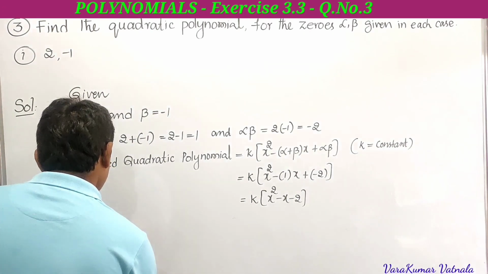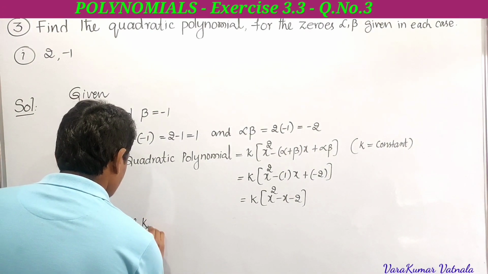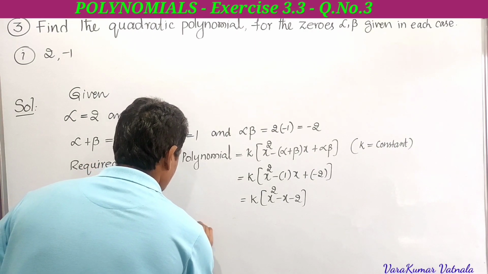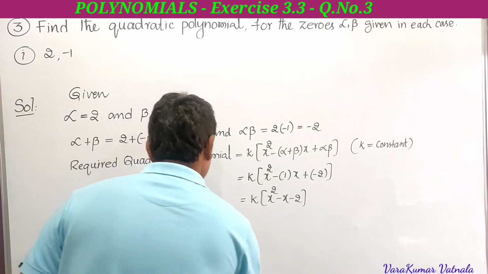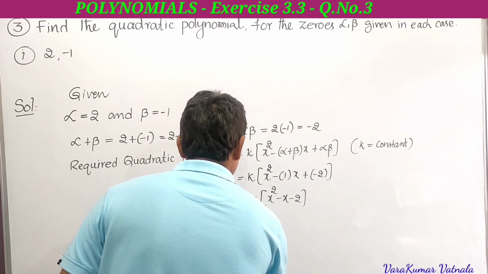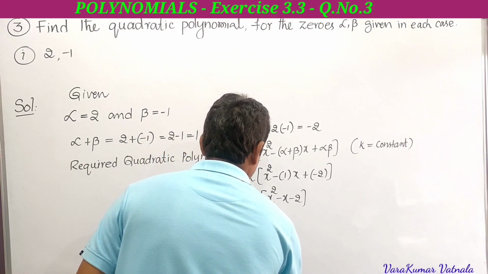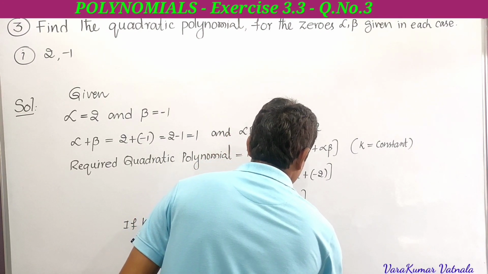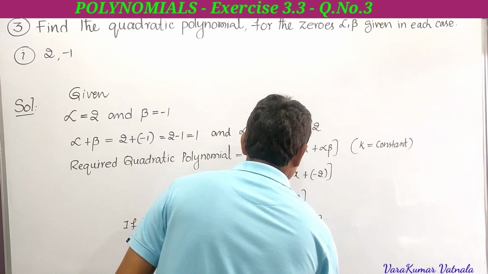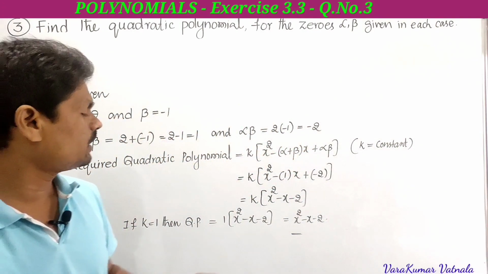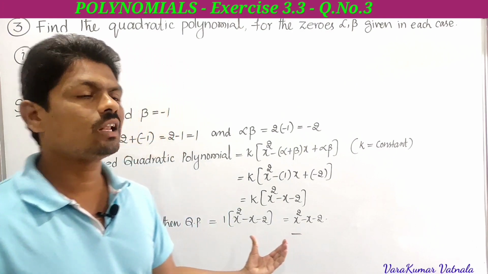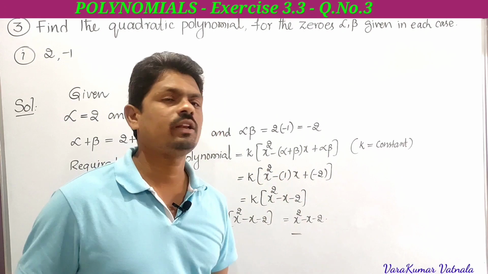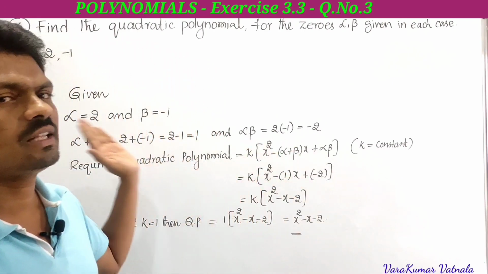Then the quadratic polynomial is equal to 1 into x square minus x minus 2, that is x square minus x minus 2. So this is the required quadratic polynomial whose zeros are 2 and minus 1: x square minus x minus 2. So this is the first bit in the third problem.